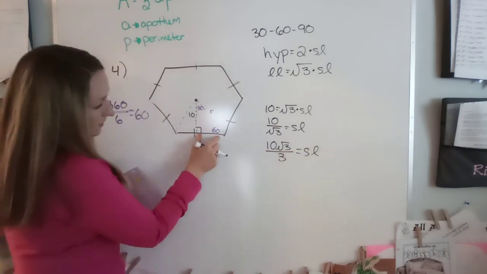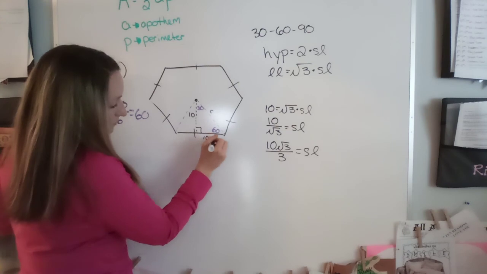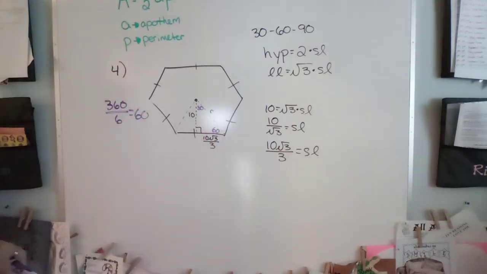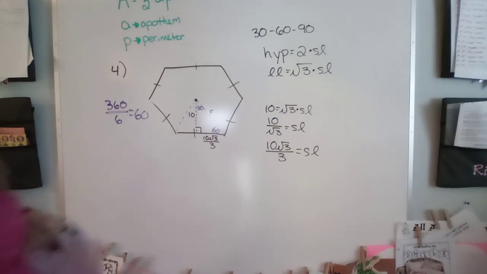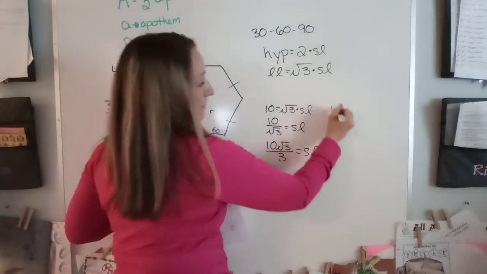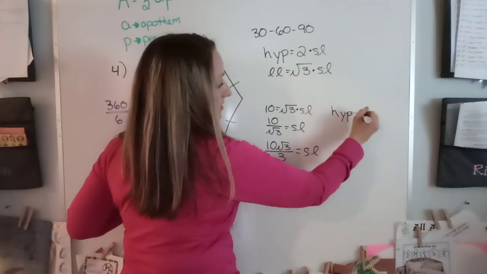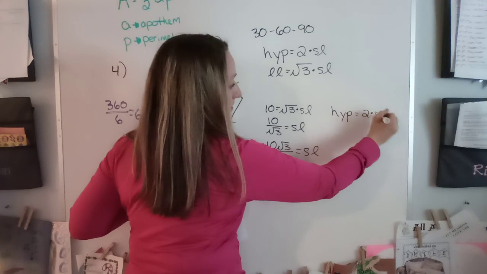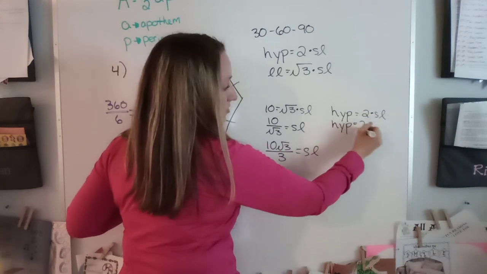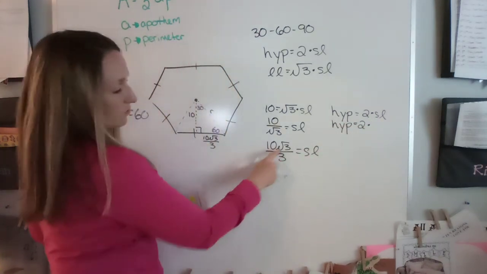So this piece right here is 10√3 over 3. Not the prettiest value, but that's okay. Now I need to find the hypotenuse by taking the short leg and multiplying by 2. So the hypotenuse is equal to 2 times short leg. The hypotenuse is equal to 2 times 10√3 over 3.